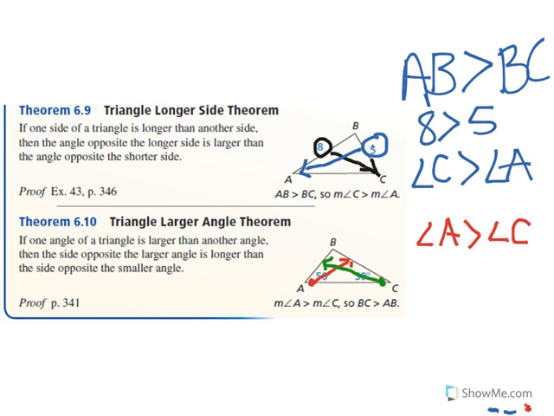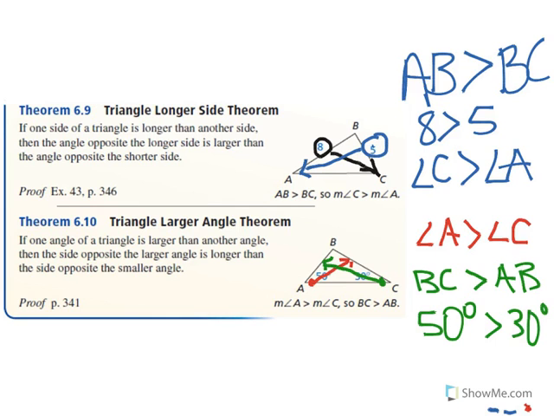They relate to each other, so looking at this, we know the 50-degree angle is larger than the 30-degree angle. And the angle A is relating to BC. So side BC would be greater than side AB, because we know that 50 degrees is larger than 30 degrees.